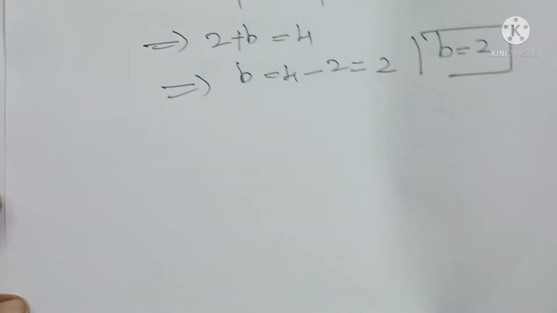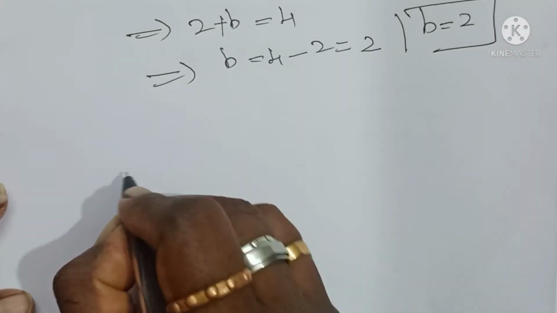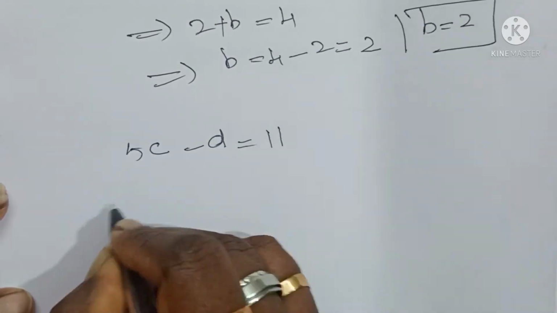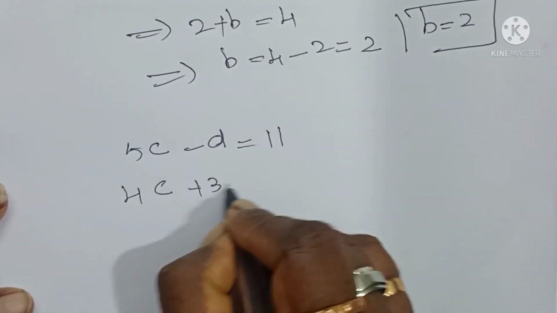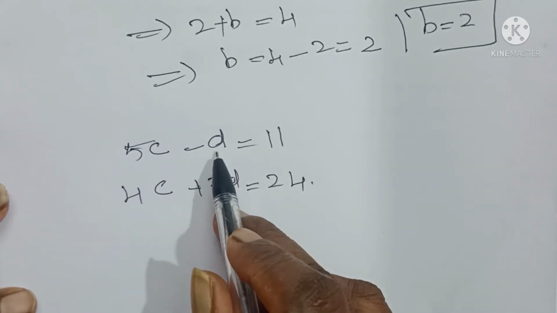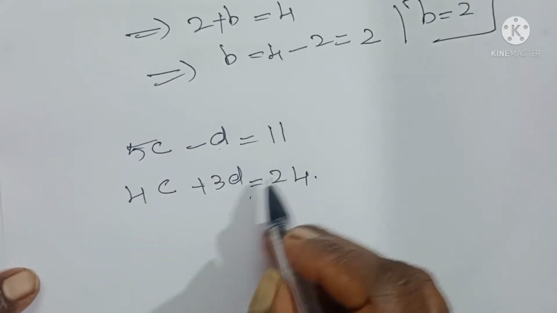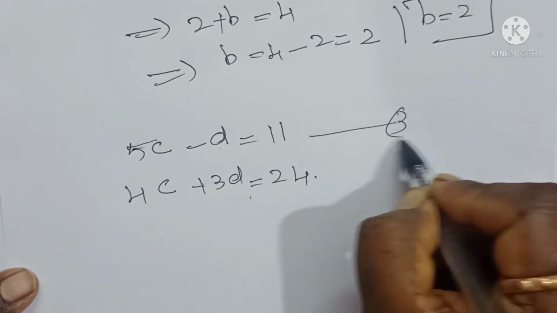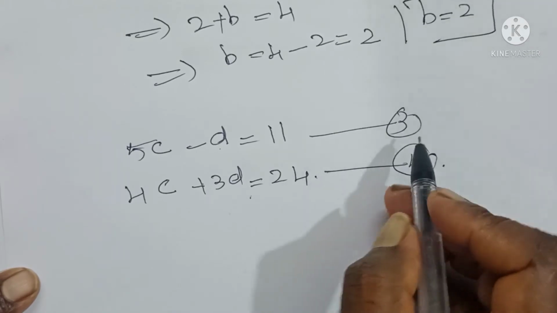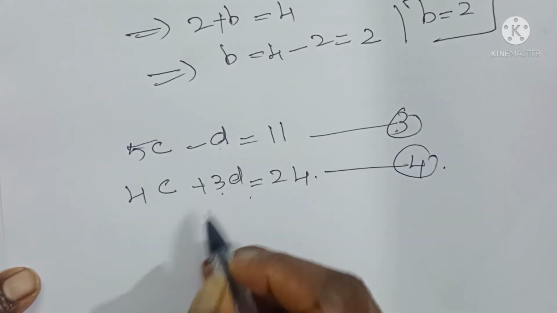Then write the last two equations. 5C minus D is equal to 11, 4C plus 3D is equal to 24. Here D, here 3D. This is the third equation, this is the fourth equation. So multiply the third equation by 3.